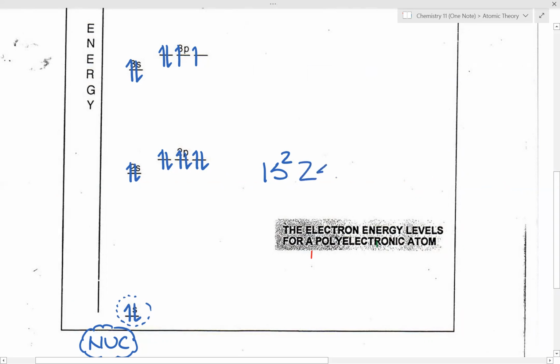I have 2s, 2. That's right here. My 2p, I have 6. That's right here. And then I have 3s2 right here, and then 3p4.